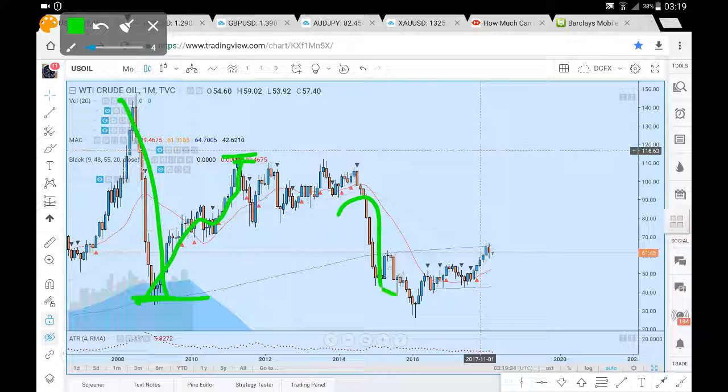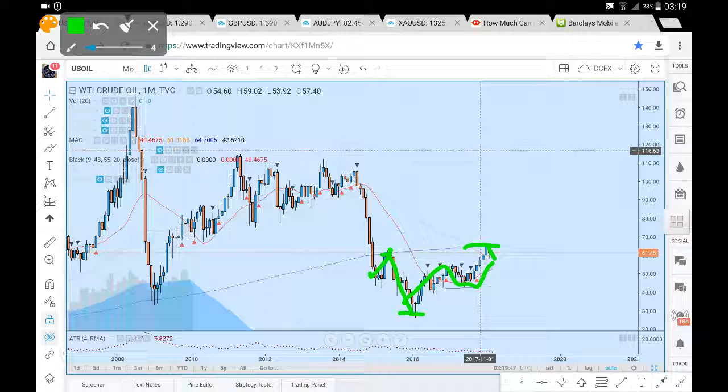And again, we've had sell side momentum take us through the 200 period average, tested it here on this monthly chart, saw further sell side momentum, and again on this occasion we've tested it, and we've had the bearishness last month, the month of February, and so we might see further retracement before seeing further upside continuation on the US oil.